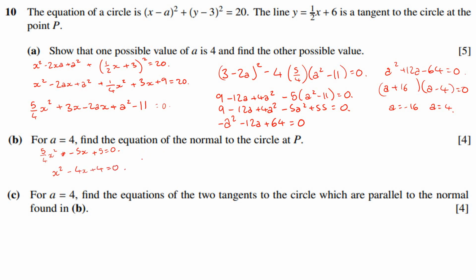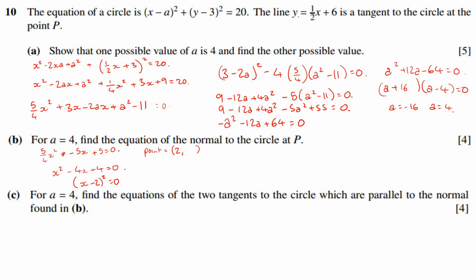Okay, so this will happen when we've got x minus 2 all squared equals 0. So that means that the point is equal to 2 something. So this means that the tangent meets the circle at the point 2 something.